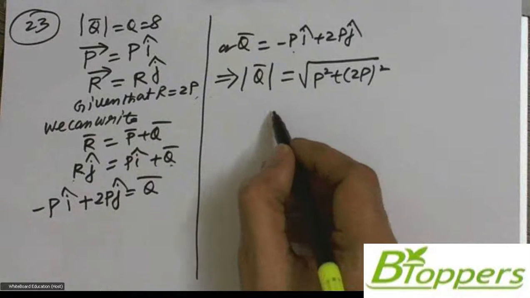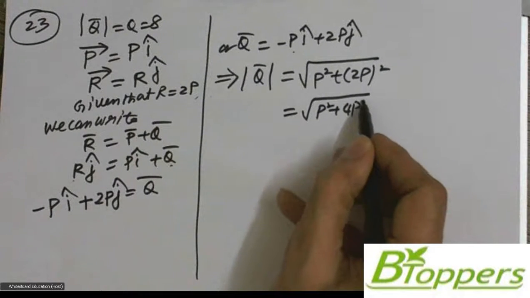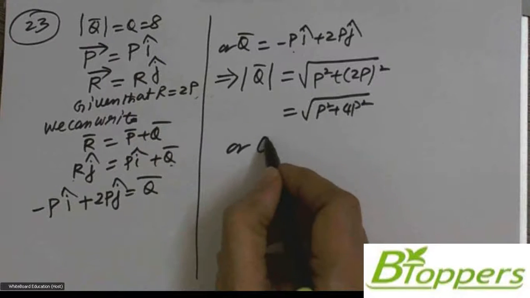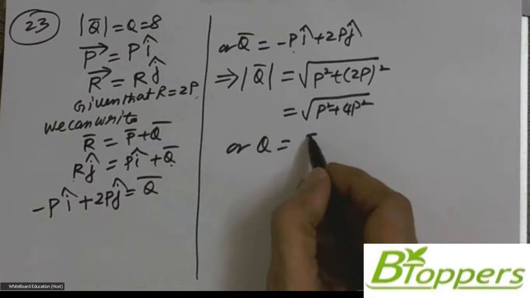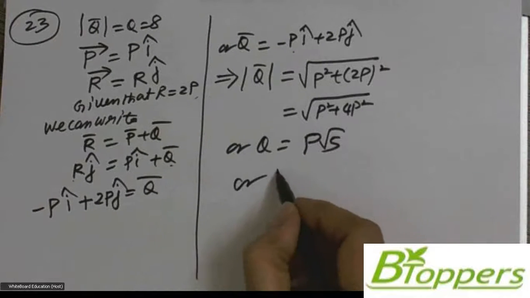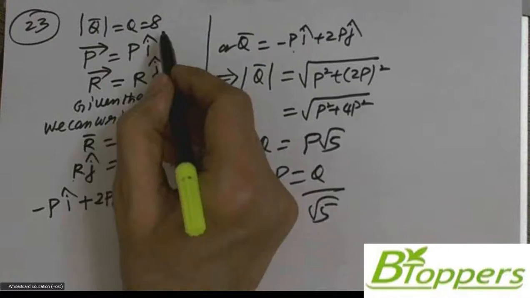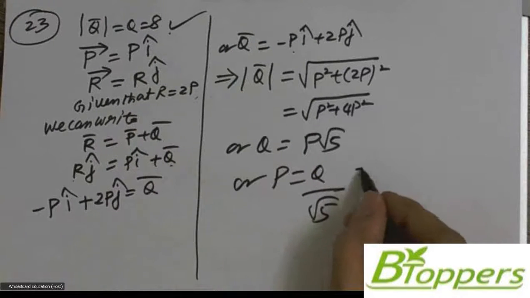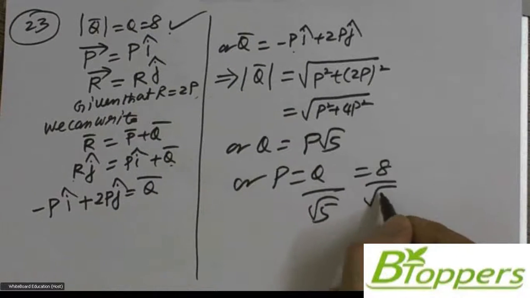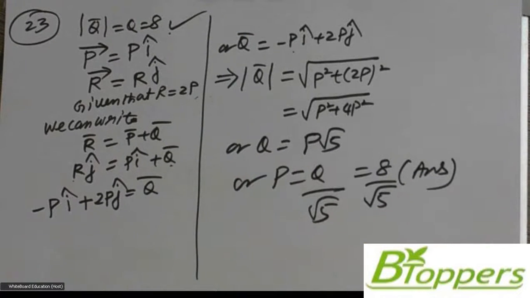And magnitude of Q bar comes out to be P square plus 4P square, or Q equal to P into root 5, or P equal to Q by root 5. You can substitute Q equal to 8 here. So 8 by root 5 will be the answer. If you want to copy the solution of the problem, you can take a pause and copy the solution of the problem.